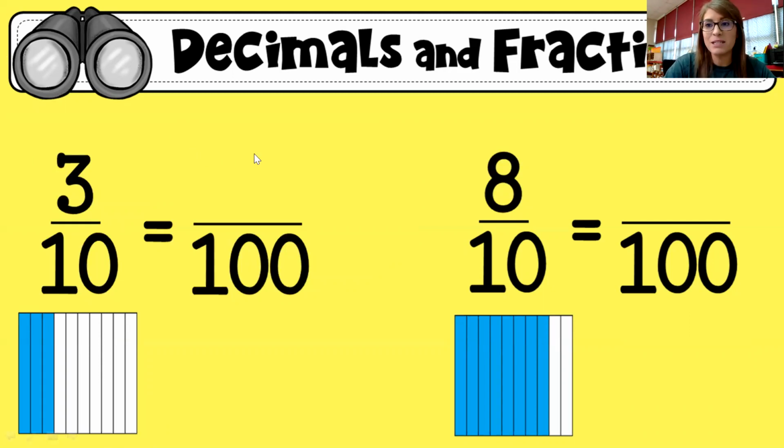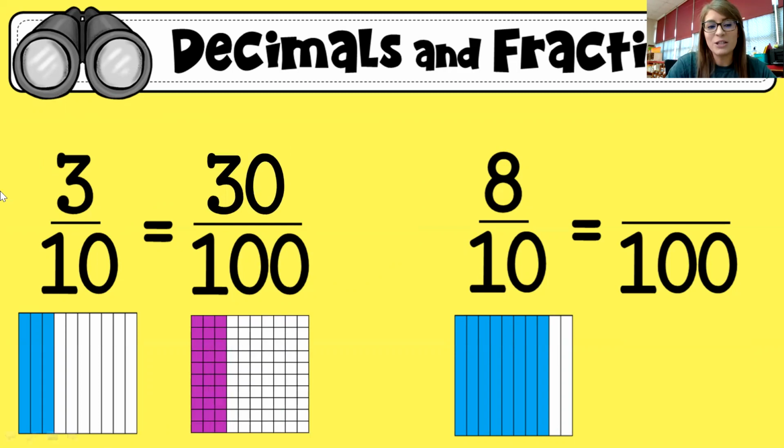So 3 times 10 would be 10, 20, 30. Very good. And as you can see by the models here, we've got 3/10, and when we've got 30 hundredths here, the exact same amount of space is shaded in. We just have these horizontal lines as well to make hundredths.